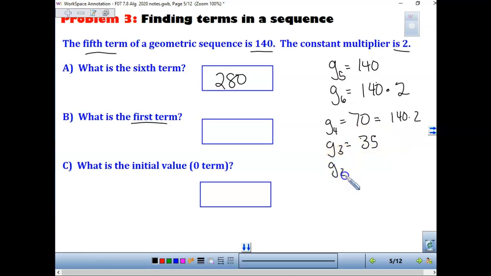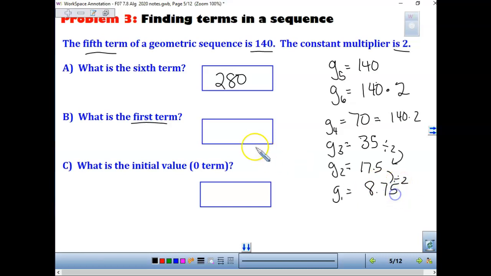G to the second, we're taking 35 and dividing it by 2 to get 17.5.